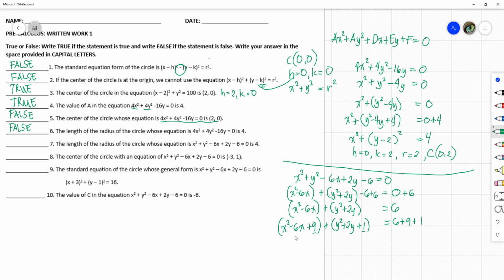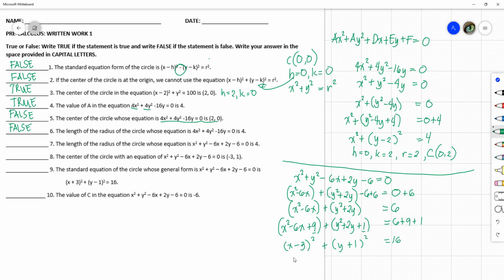So here, we can now express this in factored form. We have the quantity x minus 3 squared plus the quantity y plus 1 squared equals 6 plus 9 plus 1, which is 16.